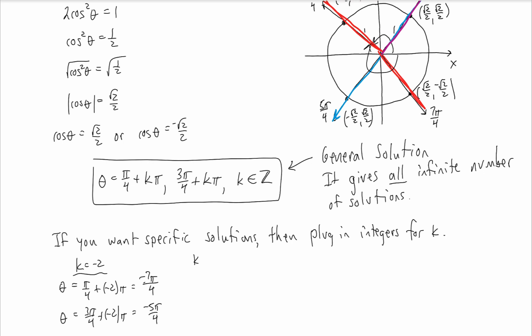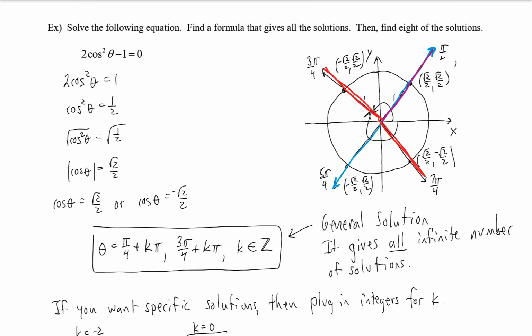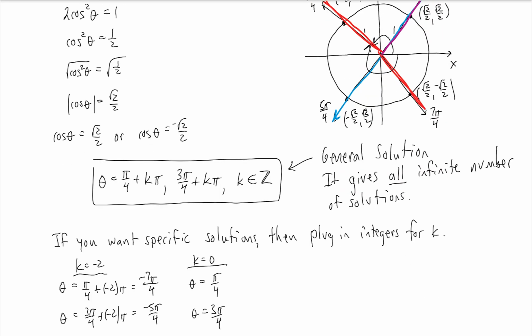Then I could plug in, say, k equals 0. That's an integer. So then I would get plus 0 pi plus 0 pi. I'd get pi over 4 and 3 pi over 4. But those were answers we found ourselves, right? Pi over 4 is right here, and 3 pi over 4 is right there.